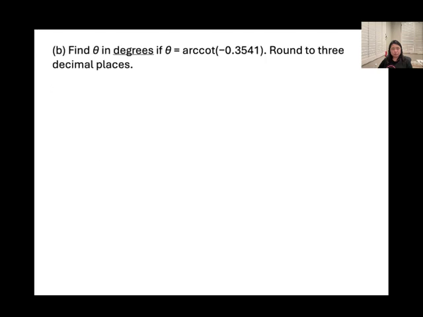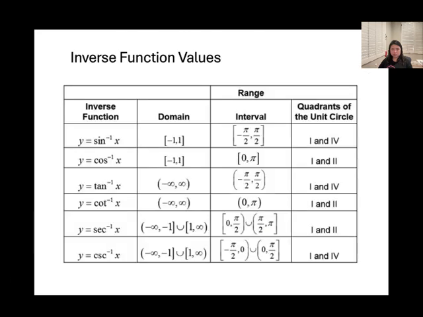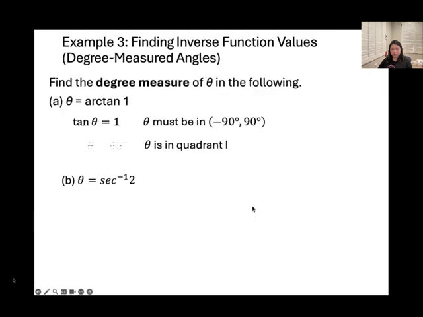Okay, B, find theta in degrees if theta equal to arc cotangent of negative 0.3541. So we could rewrite it: cotangent theta will be equal to negative 0.3541. And then what is the restriction for the cotangent? Cotangent will be 0 to pi.